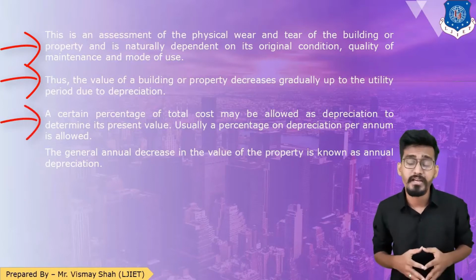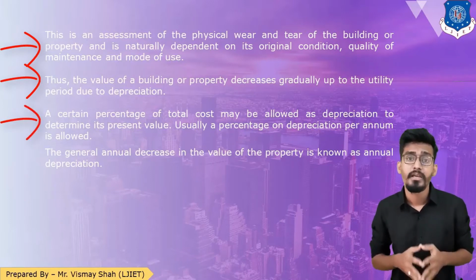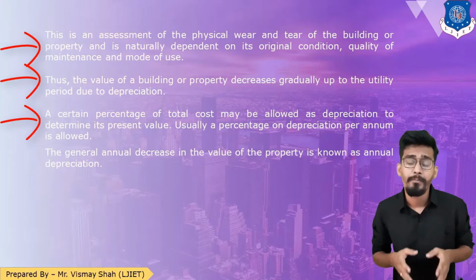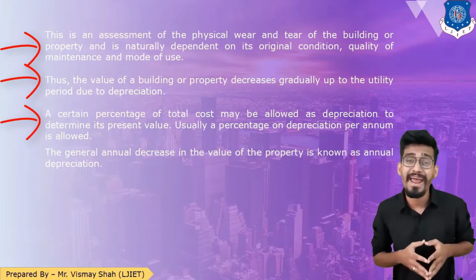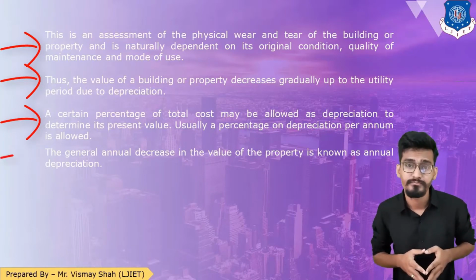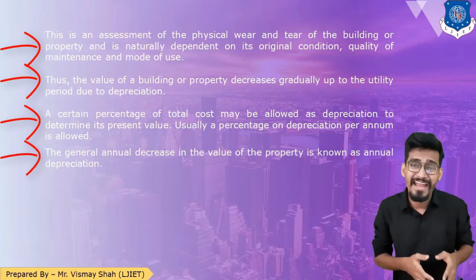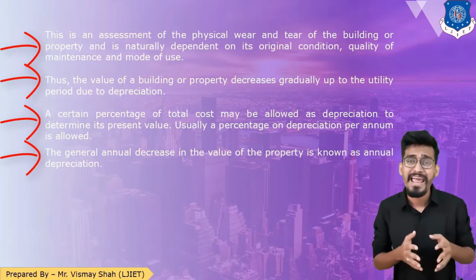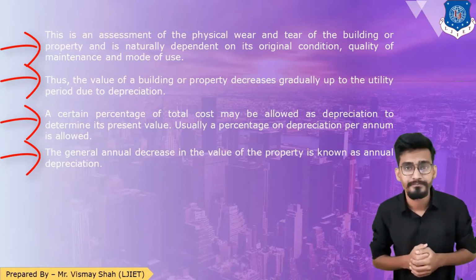A certain percentage of total cost is allowed as depreciation to determine its present value. Usually, a percentage on depreciation per annum is allowed. The general annual decrease in the value of the property is known as annual depreciation.